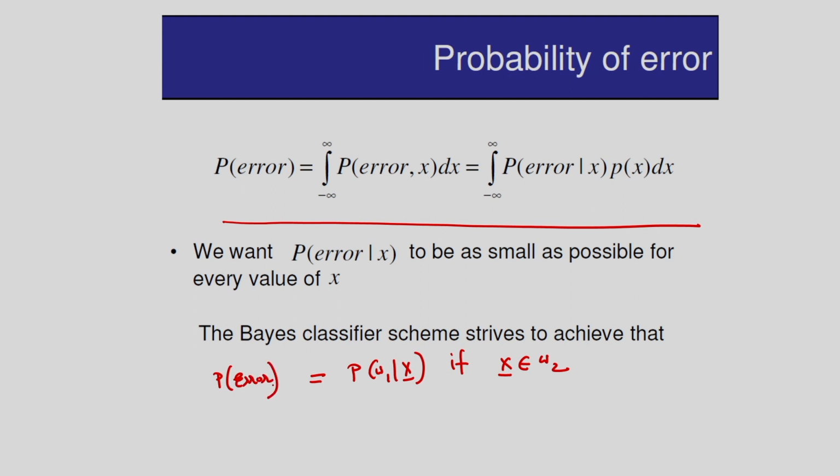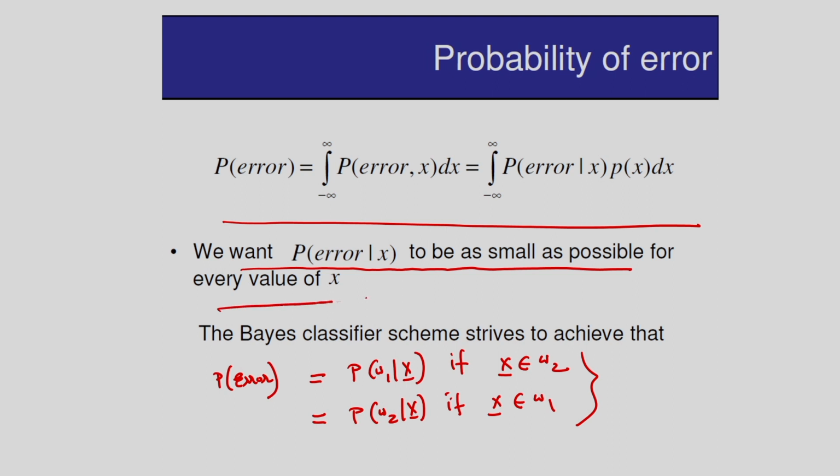The probability of error is equal to probability of W1 given x if x is assigned to class W2, and equal to probability of W2 given x if x is assigned to class W1. So we want probability of error given x to be as small as possible for every value of x. For all the Fisher vectors we have to minimize this error.